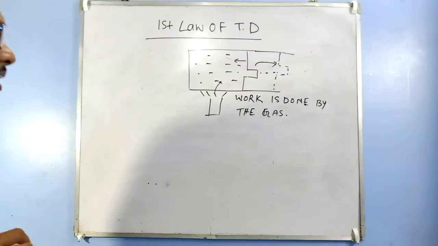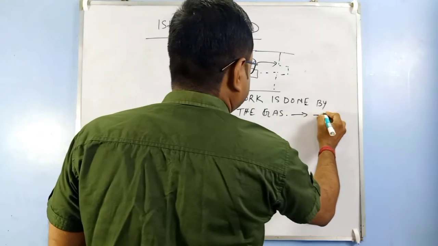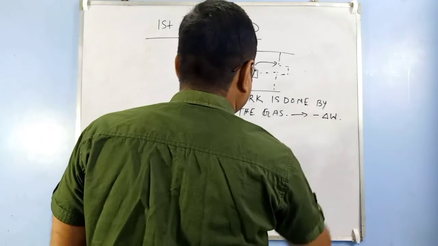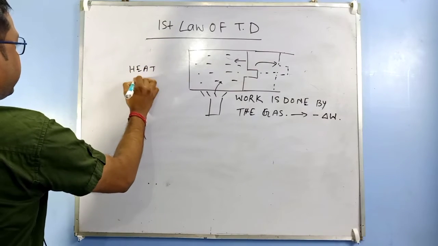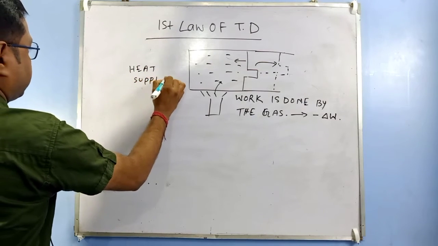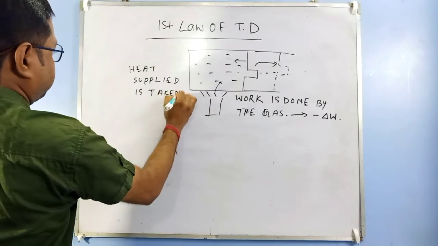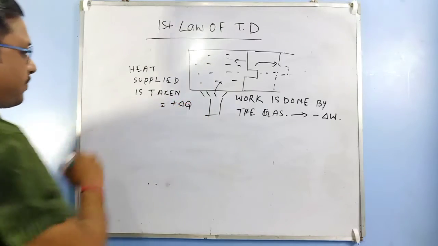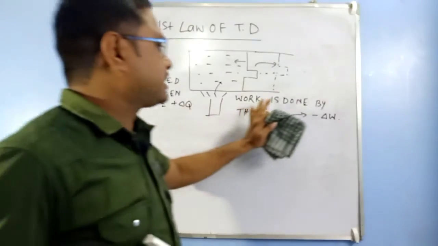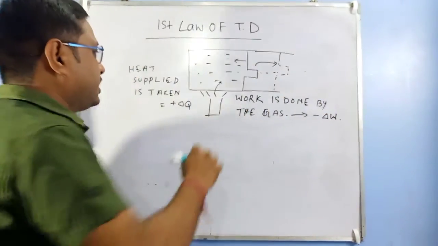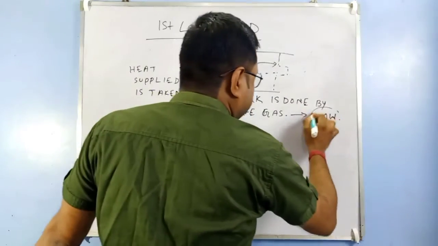Now, work done by the gas is taken as negative, that is delta W is negative, and as heat is supplied, it is taken as positive, that is positive delta Q. So, heat supplied from outside is taken as positive and work done by the gas due to its expansion is negative.